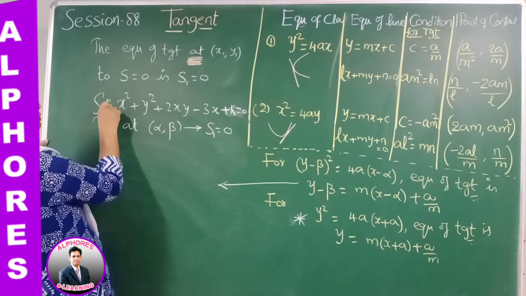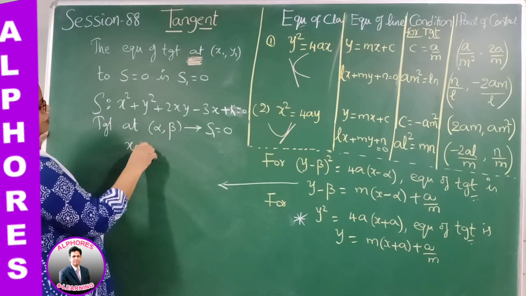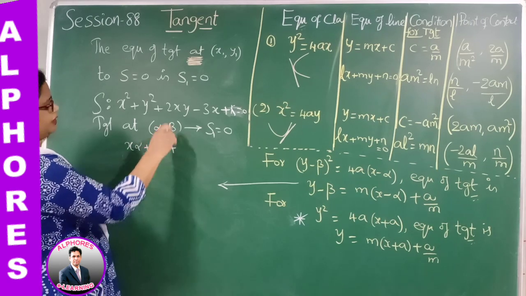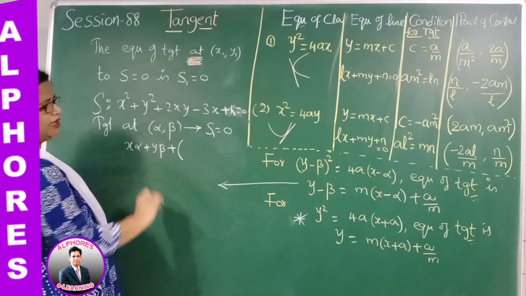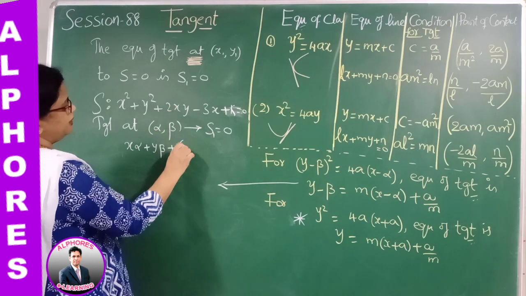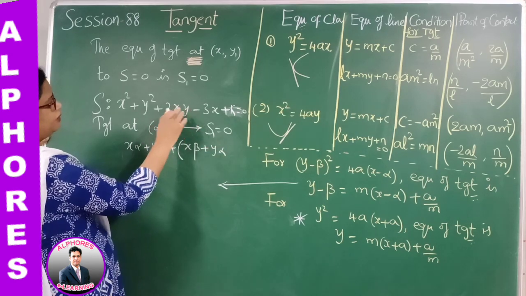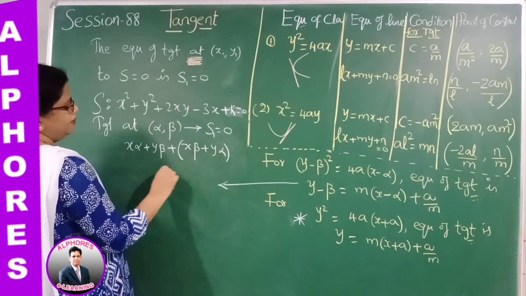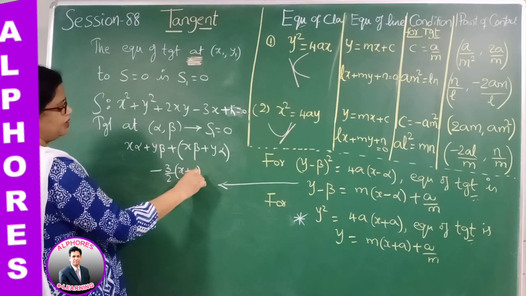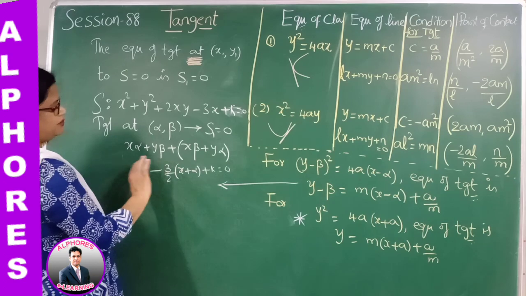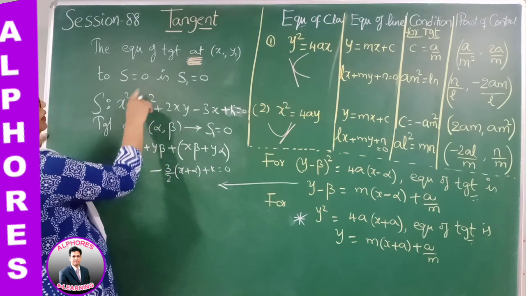That implies the equation is xx1 plus yy1, then half the value you have to take, just like our differentiation formula, x beta plus y alpha, x into y1 plus y into x1, minus 3 by 2 into (x plus alpha) plus constant is 0. If you simplify, this is our equation of tangent at a point.